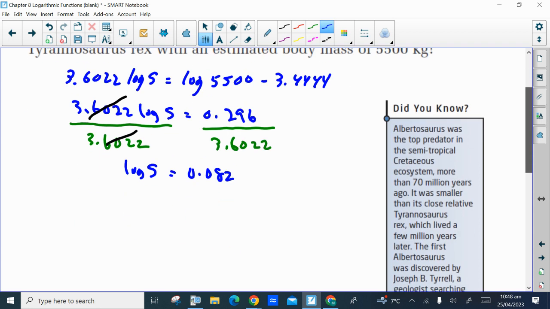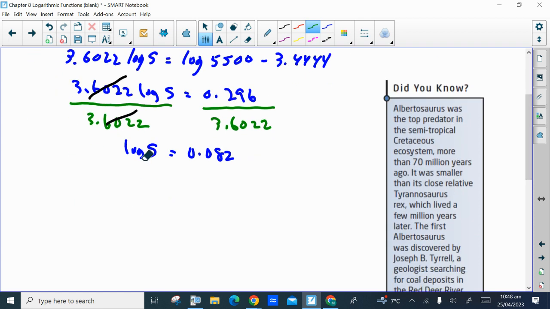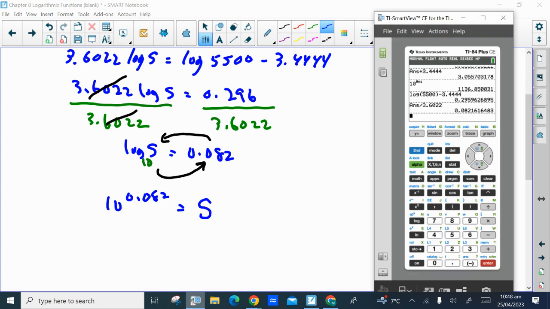And then I would solve for S by again converting from logarithmic to exponential. That log on the left is a common log base 10, and we start with the base and cycle through. It'll be 10 to the power 0.082 equaling S. So I've got that decimal in my calculator.